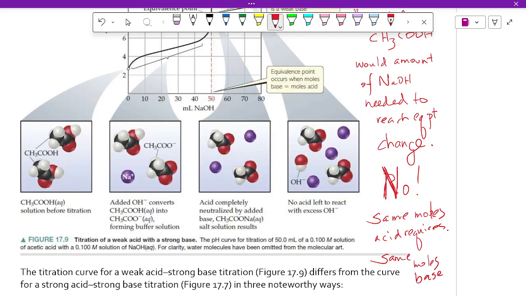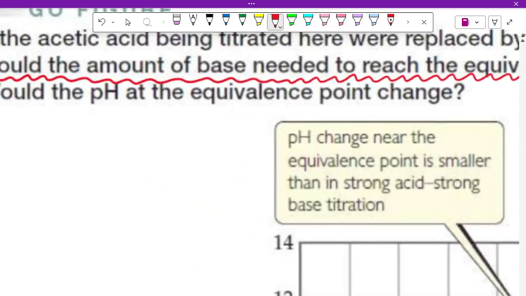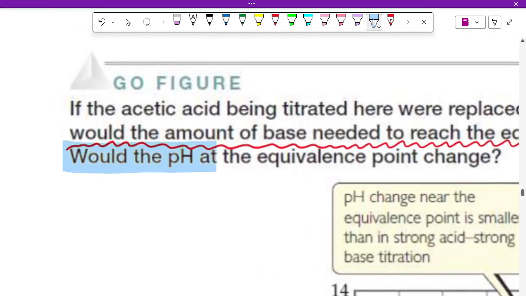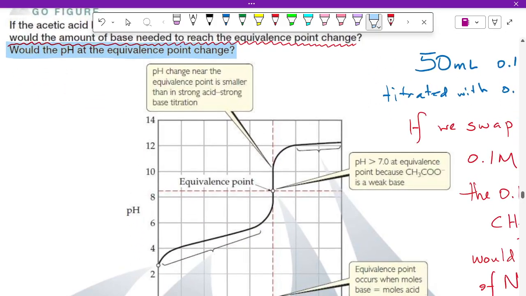Would the pH at the equivalence point change if we replaced the acetic acid with HCl? Yes. What would it become? Because the salt is, what's the salt if we have NaOH and HCl?